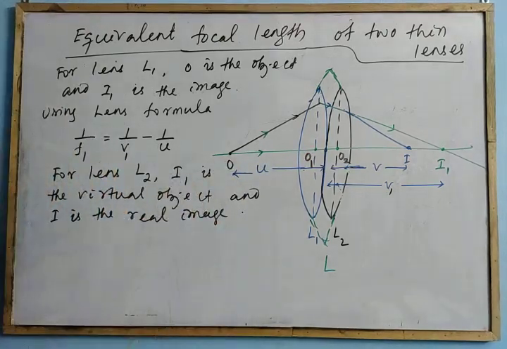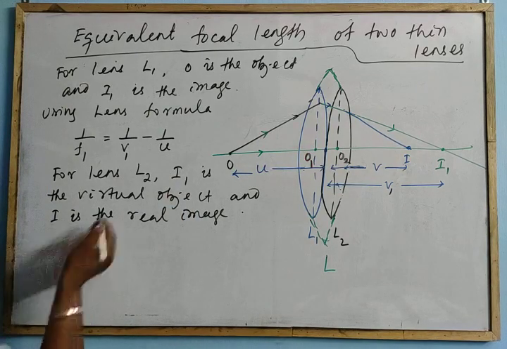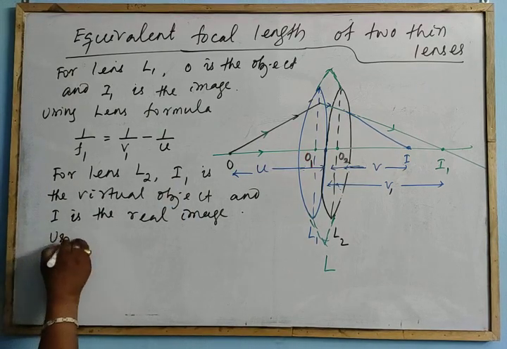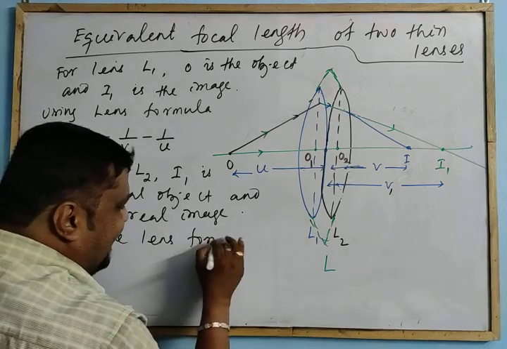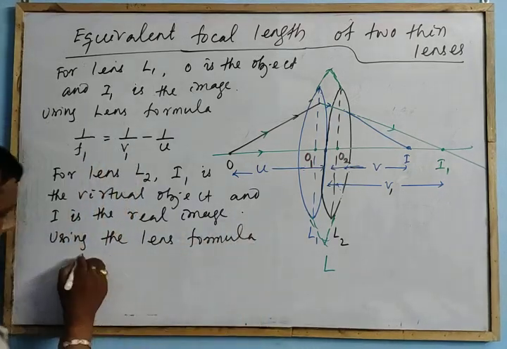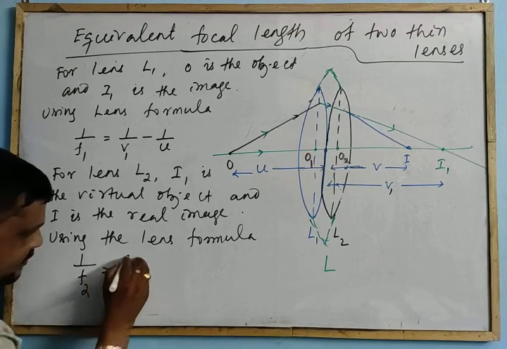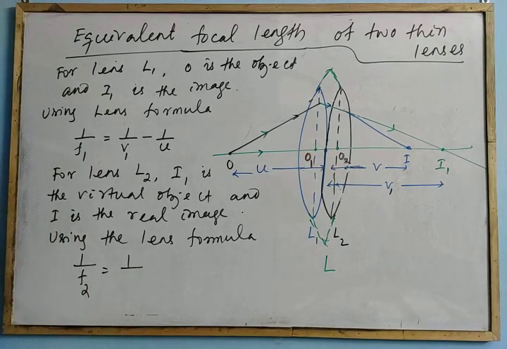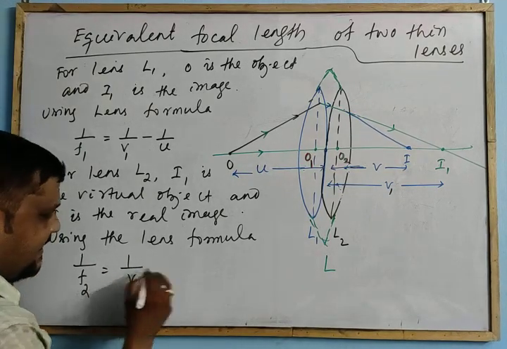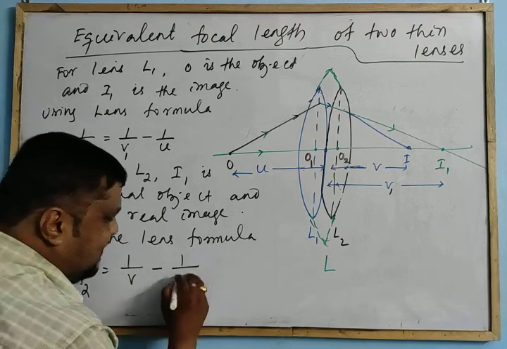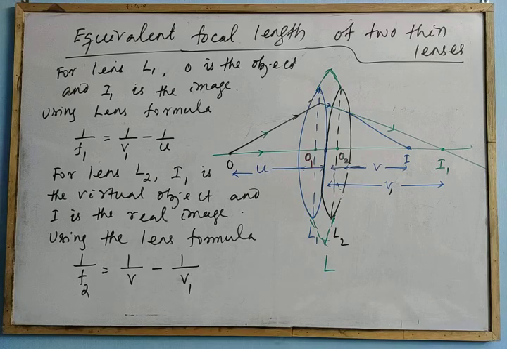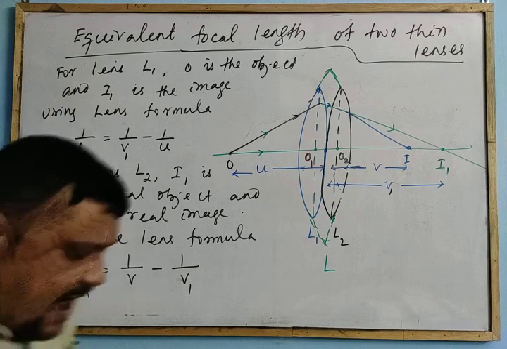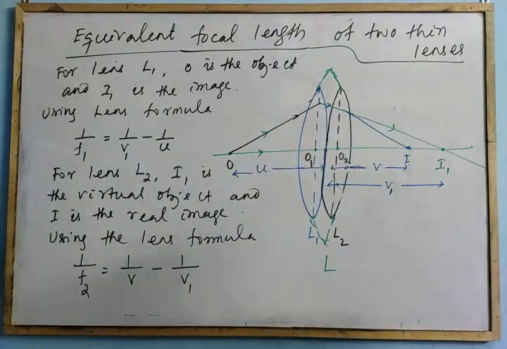Using the lens formula here also, 1 by f2 is equal to, with image distance v minus object distance v1, 1 by v minus 1 by v1.